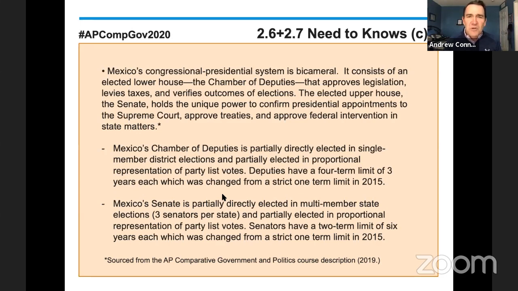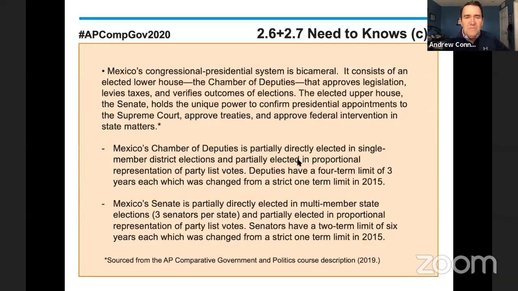Some of those roles would be really familiar to you if you know about US government and the roles of the US House versus the US Senate. And you'll see some similarities also with Nigeria's national legislature. So the Chamber of Deputies, again, how do they get these jobs? This is more content from Unit 4. I just put in some specific notes in case you're interested. They do have elections. They are directly elected, excuse me, not directly.